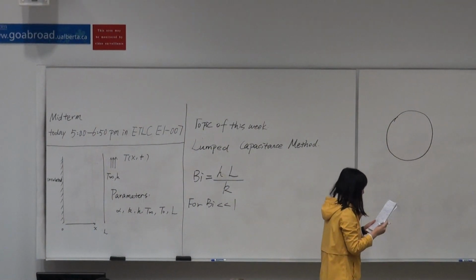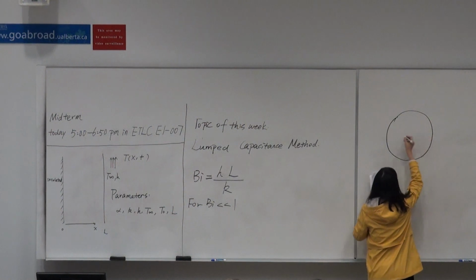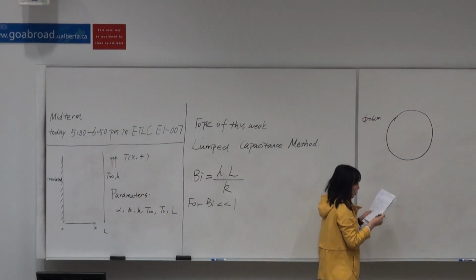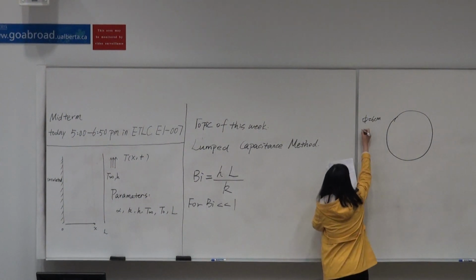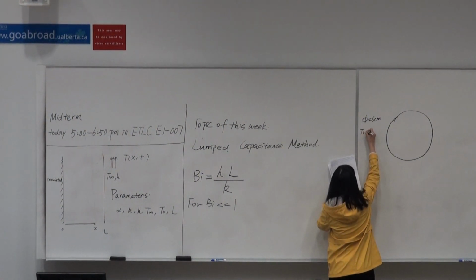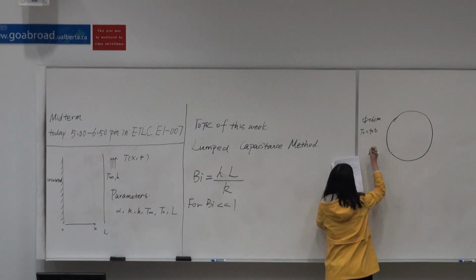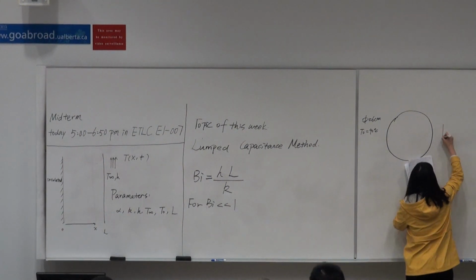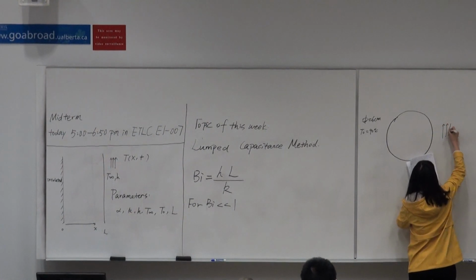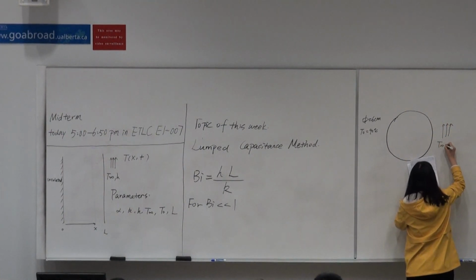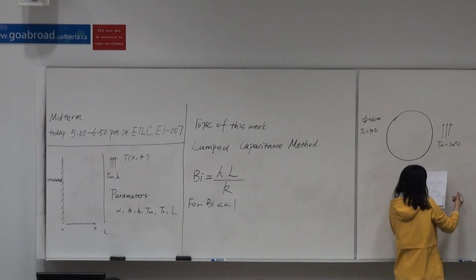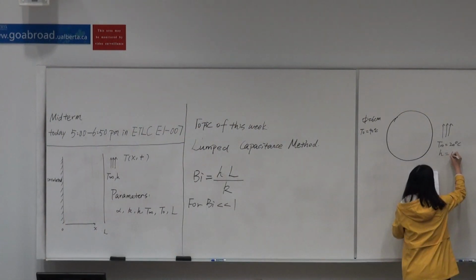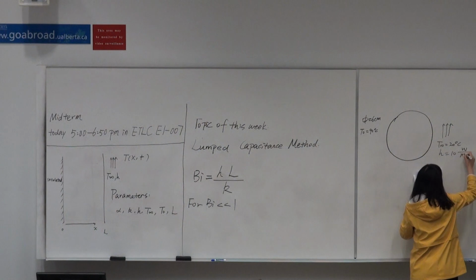We have a copper sphere whose diameter is 6 centimeters. Initially, the sphere is at 90 degrees. It is suddenly exposed to a cooler fluid at a temperature of 20 degrees, and the convection coefficient is 10 watts per square meter Kelvin.